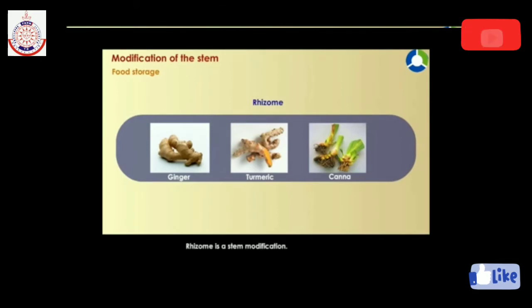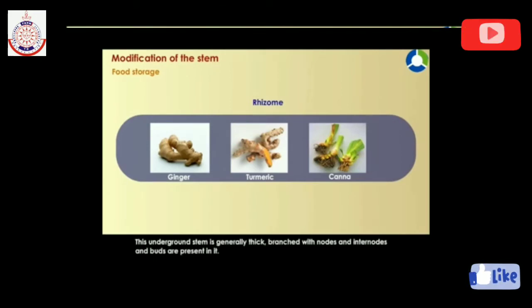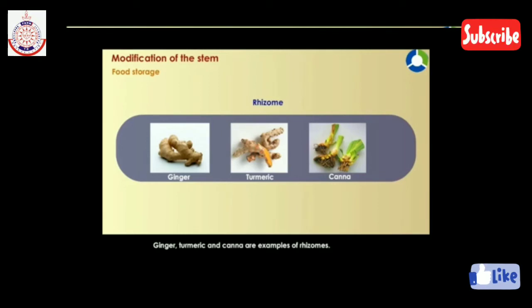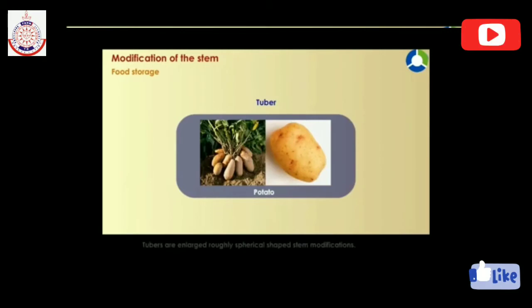Rhizome. Rhizome is a stem modification. This underground stem is generally thick, branched with nodes and internodes, and buds are present in it. Ginger, turmeric, and canna are examples of rhizomes. Tuber. Tubers are enlarged, roughly spherical-shaped stem modifications.